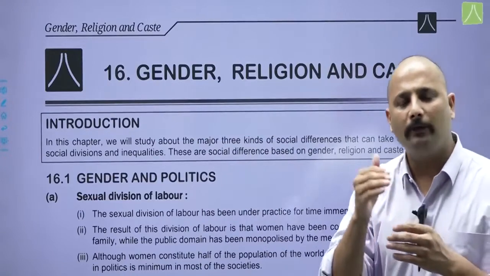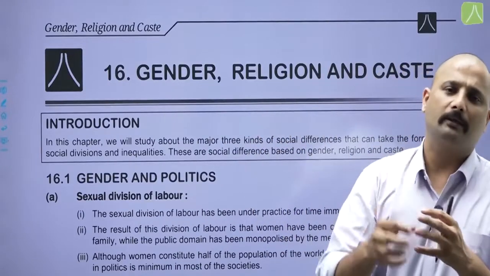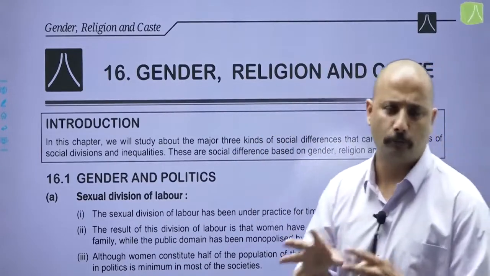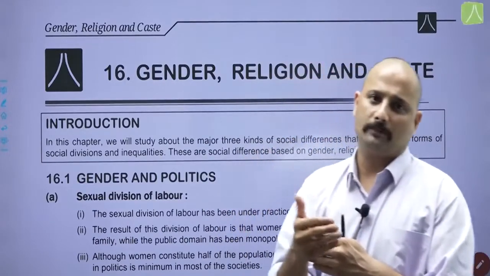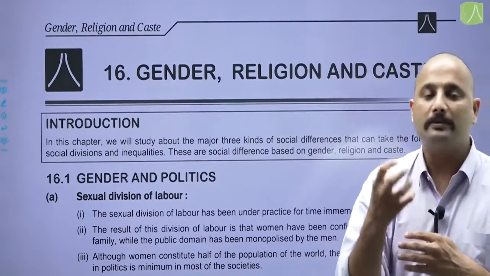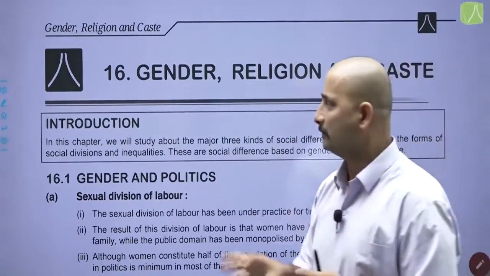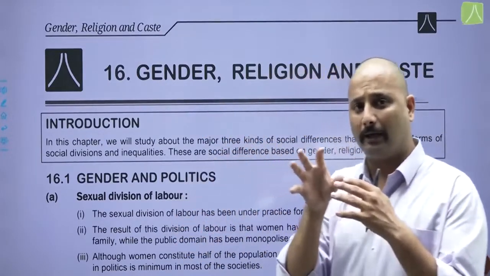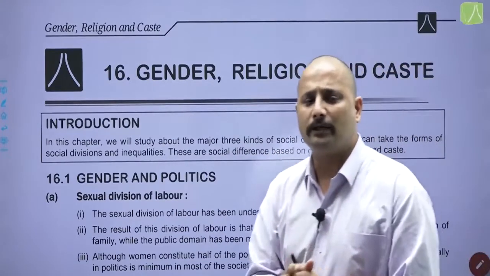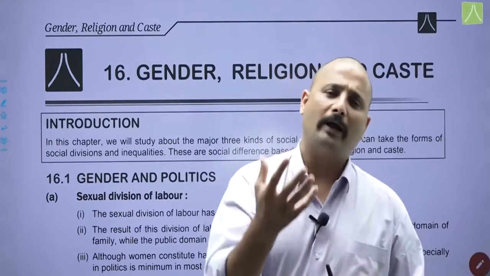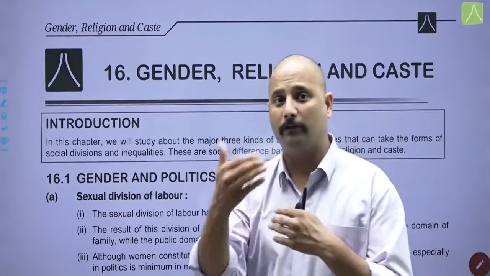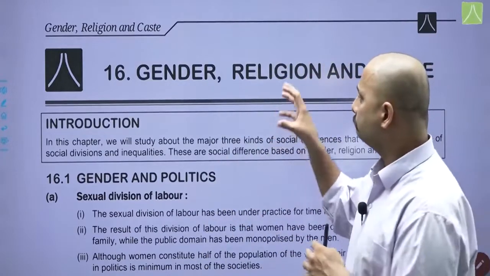Now all these three elements, gender, religion and caste, we will be looking at individually, and apart from that we will also try to mix politics into these three and understand what outcomes it will bring. First is gender: if gender issues are raised in politics, that will try to bring positive outcomes, which is better for this segment.